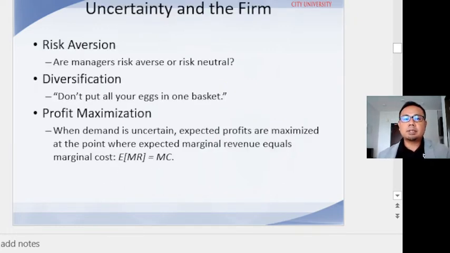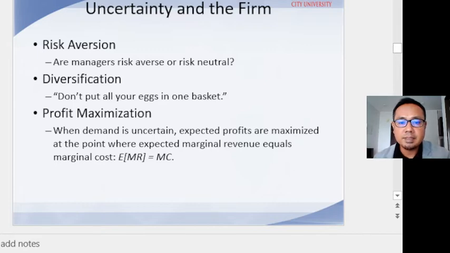So again, if you still remember the earlier slide where I explained about uncertainty and reservation, it applies not only to consumers but also to a firm. So uncertainty and the firm also have a relation here.